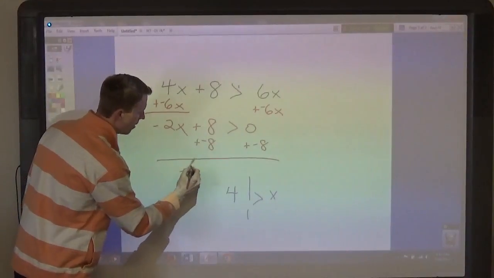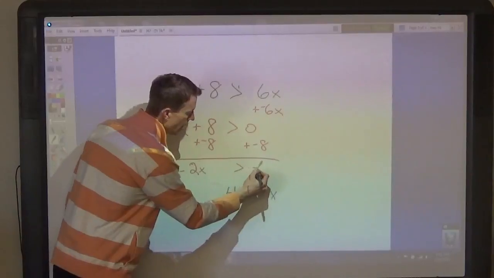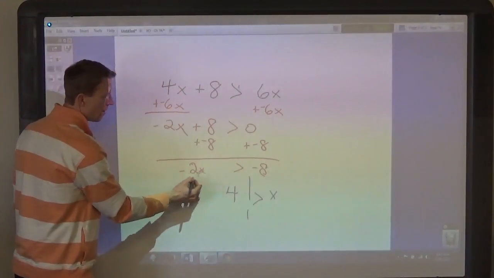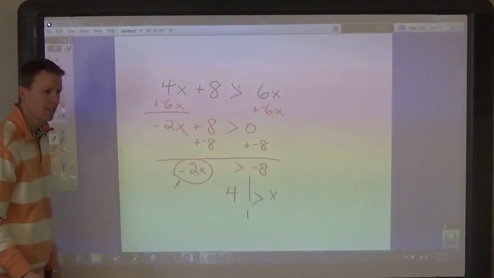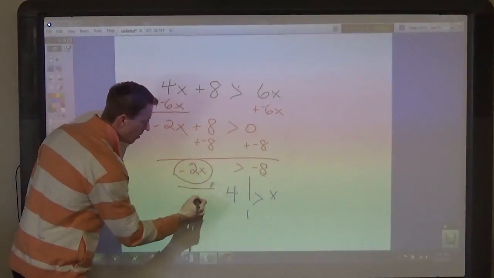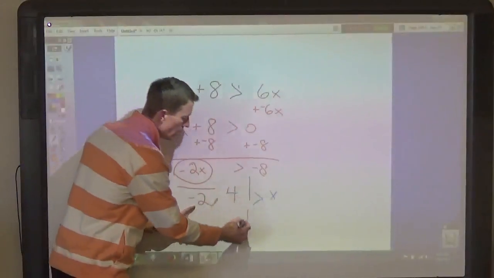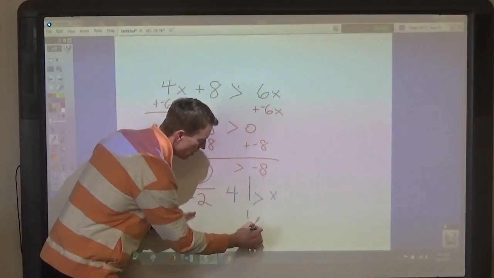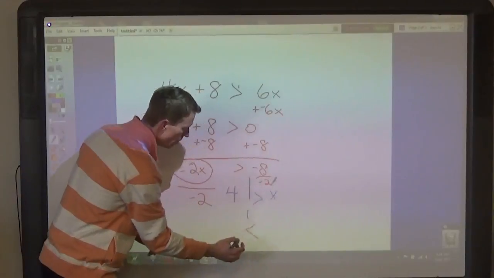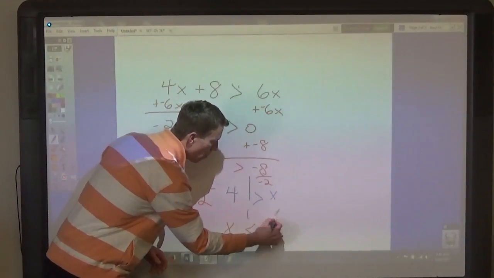So now negative 2x is greater than negative 8. And now do we have to reverse the sign? Yes, we would. Because whenever you multiply or divide by a negative at the end, you have to reverse the sign. Divide by negative 2. So x is less than 4.